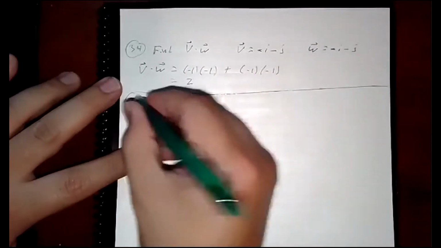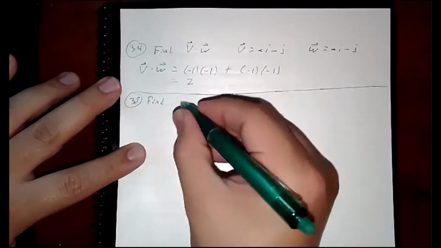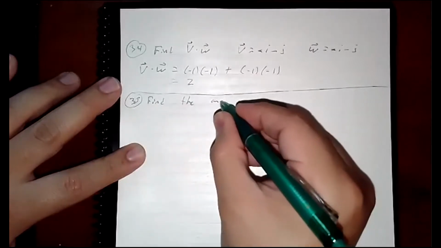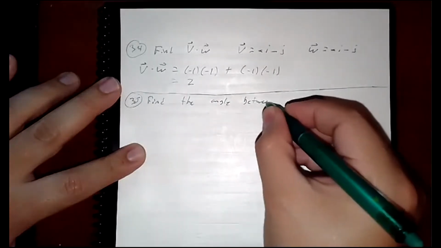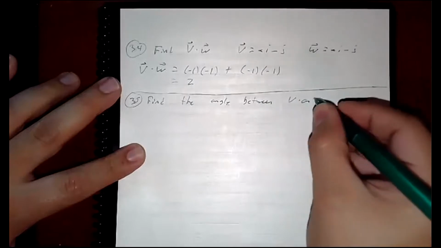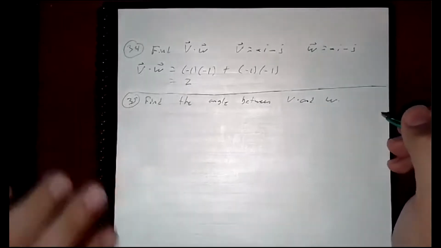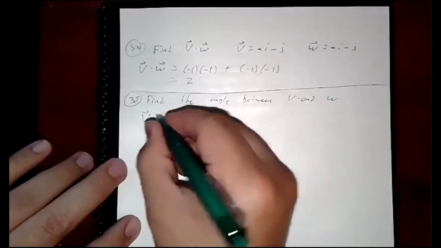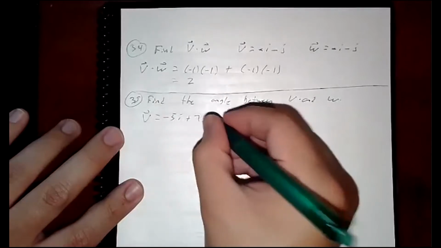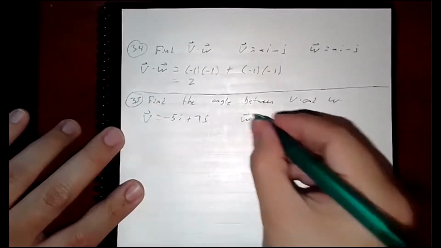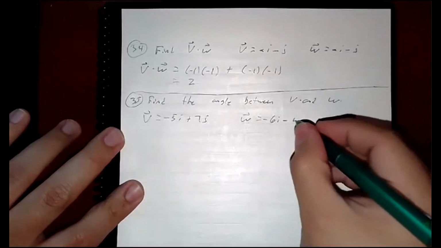35 is find the angle between V and W. Okay, so V is negative 5i plus 7j. W is negative 6i minus 4j.